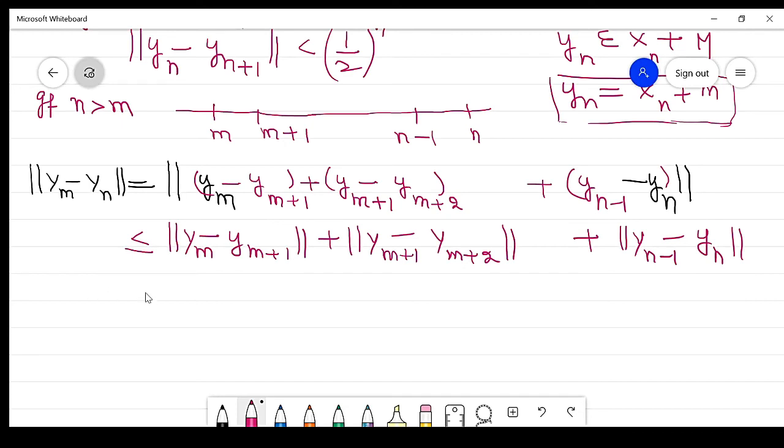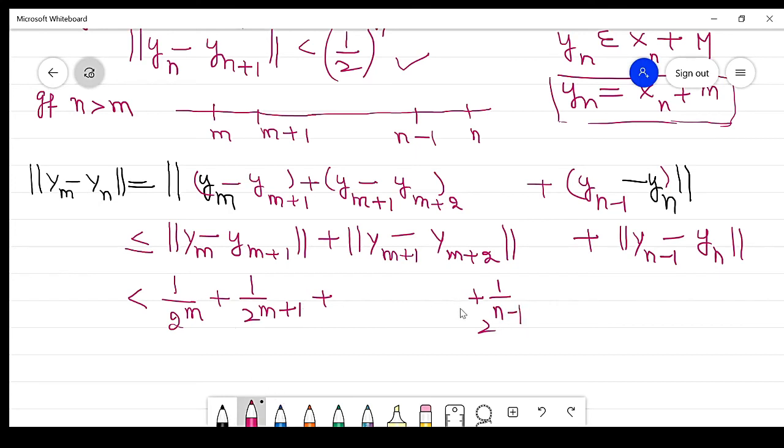By using this result, this will be 1 by 2 raised to power m, plus 1 by 2 raised to power m plus 1, and so on, plus 1 by 2 raised to power n minus 1.